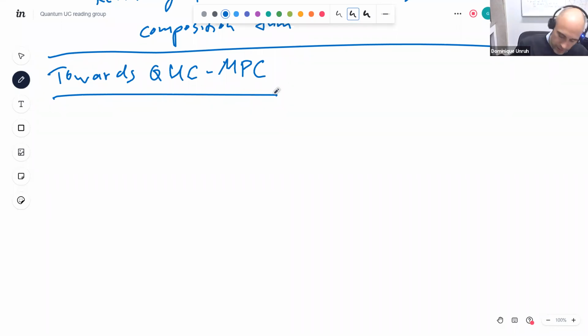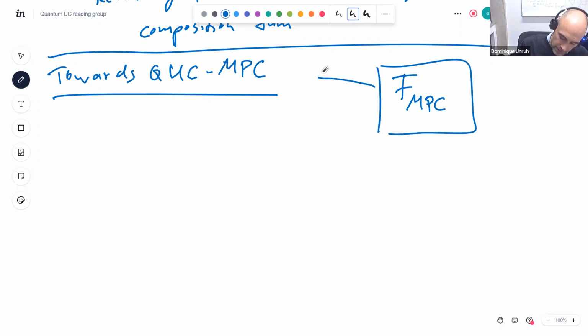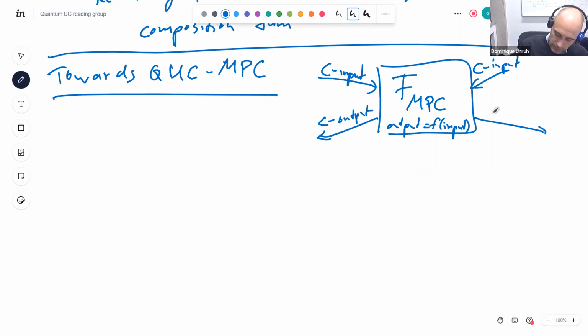So, okay, maybe I should draw it anyway. So the functionality FMPC has classical input from all parties, then does some computation, output is f of input, and gives then classical output to everyone involved.